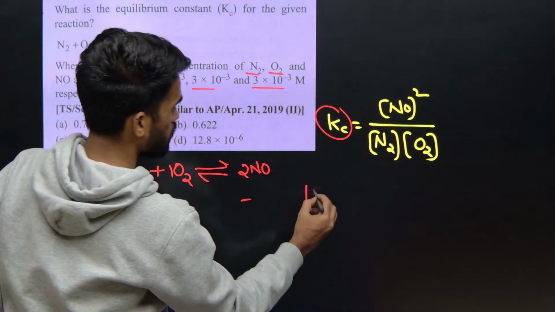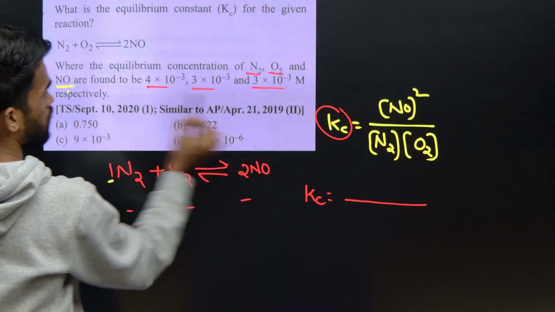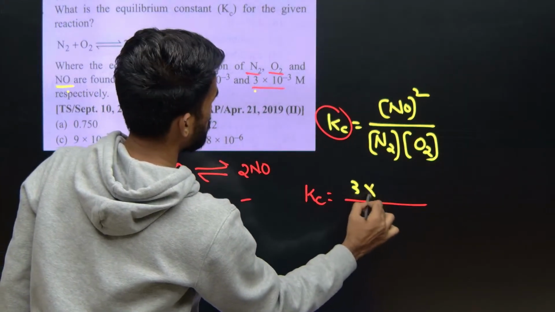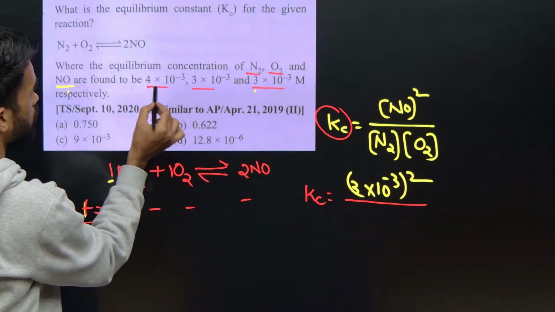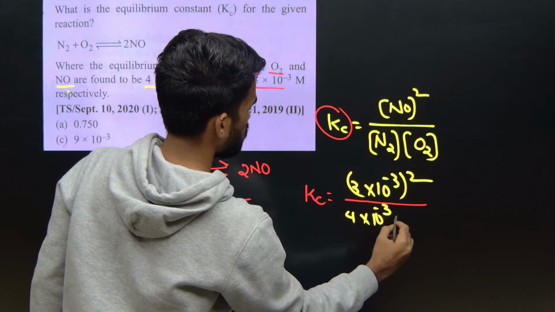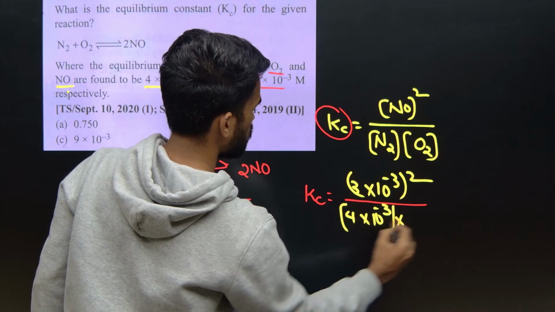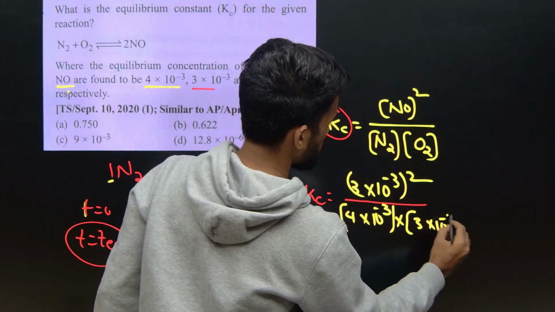So Kc is equal to NO squared. What is the value of NO? The last value, this is 3 into 10 power minus 3, squared, by N2. N2 is 4 into 10 power minus 3 and O2 is 3 into 10 power minus 3, that is it.